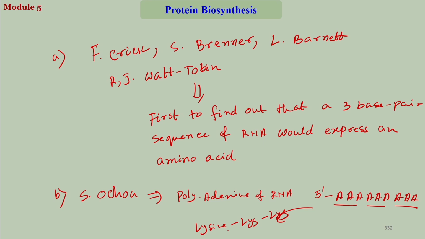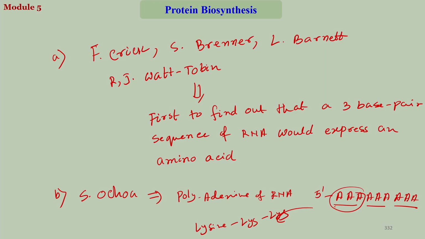So, from that the idea came that a specific codon exists for a specific amino acid. In this case the AAA codon would represent lysine, and since all are the same, it synthesizes the same amino acid.